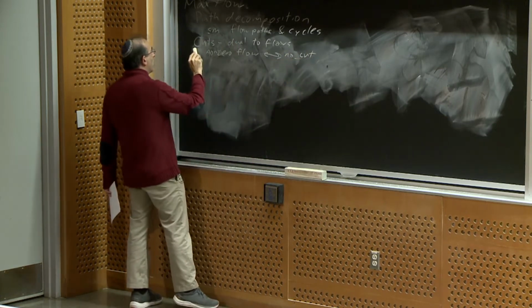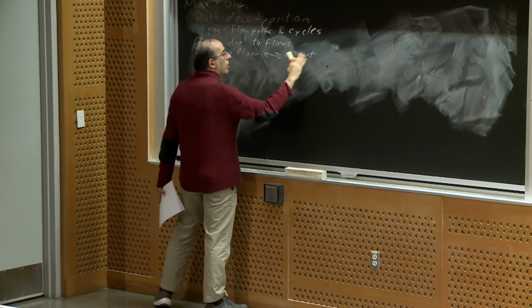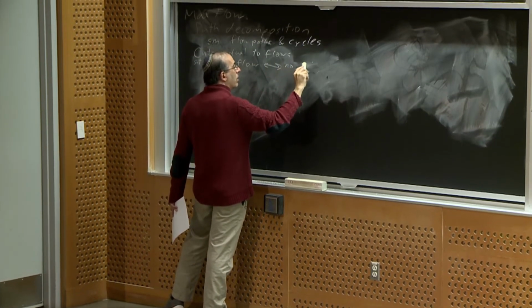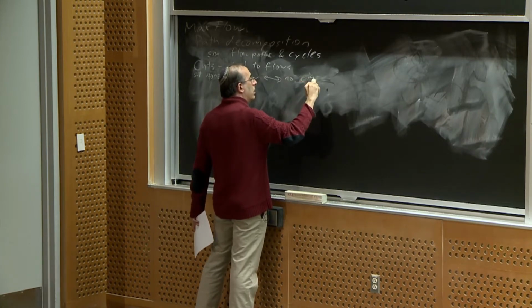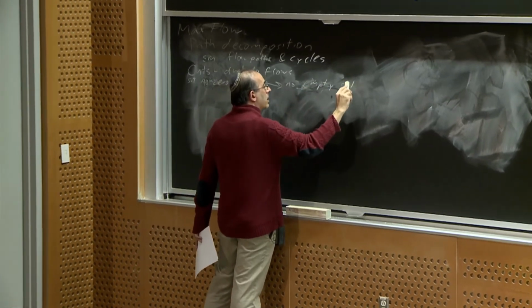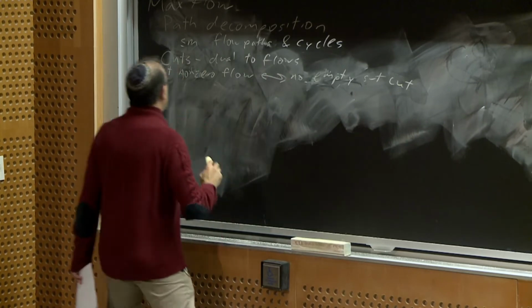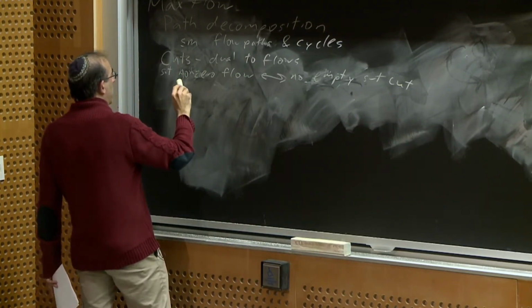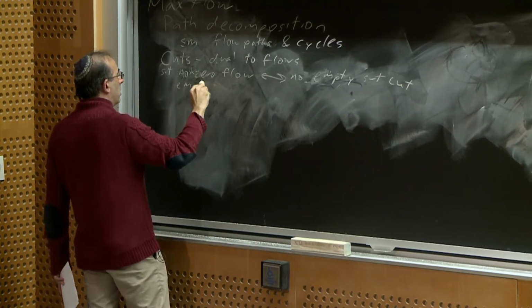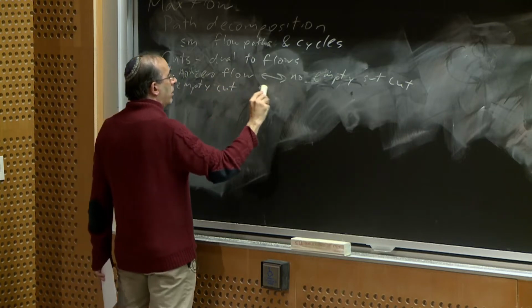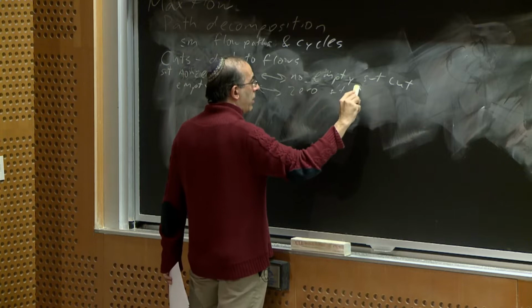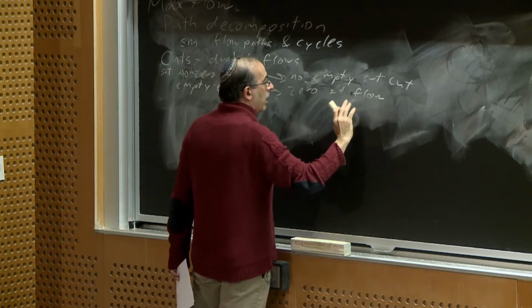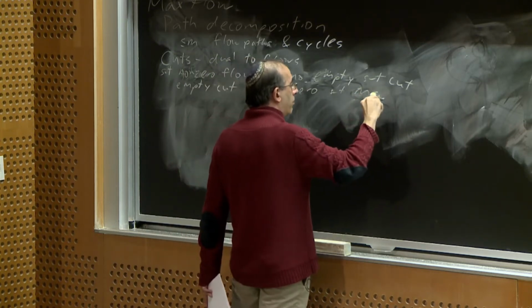And sorry, this is all qualified by ST. So there's a non-zero flow if there's no empty ST cut, and vice versa. There is an empty cut if and only if there is zero ST flow, zero ST max flow, that is.